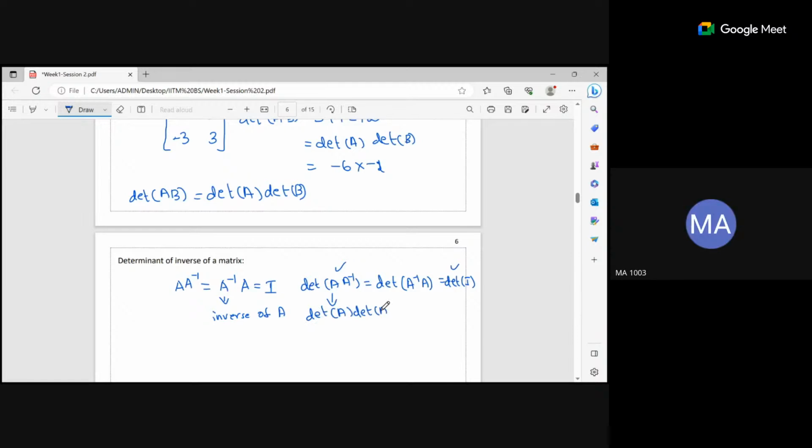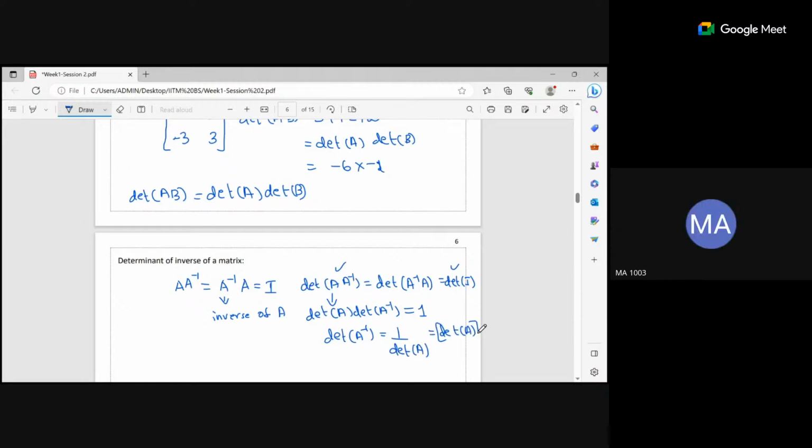And what is the determinant of I? 1. So what is the determinant of A inverse, if you already know the determinant of A? 1 by determinant of A. In other words, you can also call it determinant of A, the whole inverse.